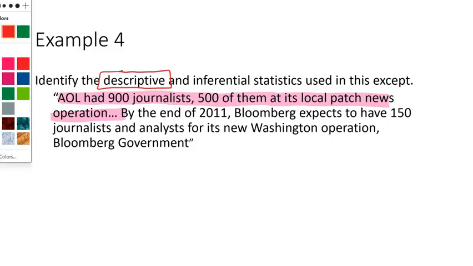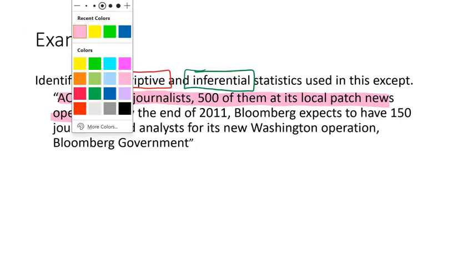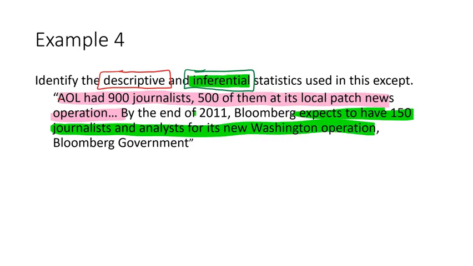However, let me shift gears. The inferential statistics is where I'm now trying to use what I already have to make an estimate or a conclusion about what's to come. In this case, our inferential statistics is when Bloomberg describes what they expect. They don't have it already, but they're concluding that in the future, by 2011, they wanted to have 150.